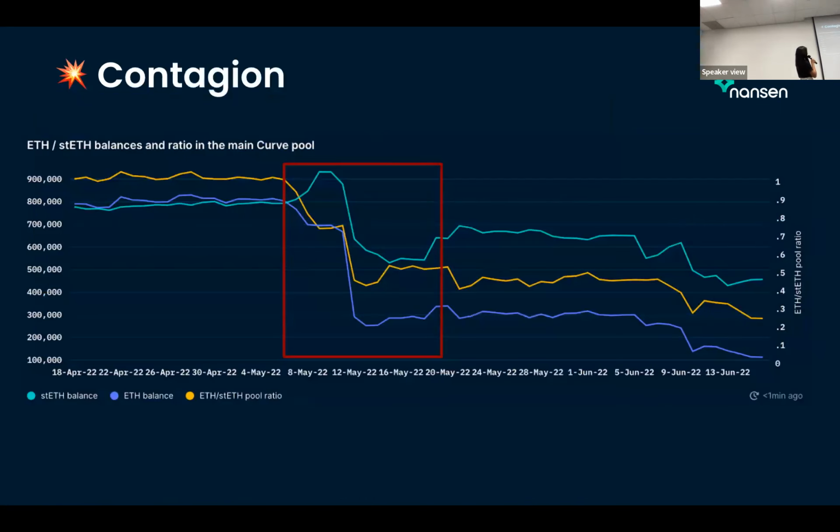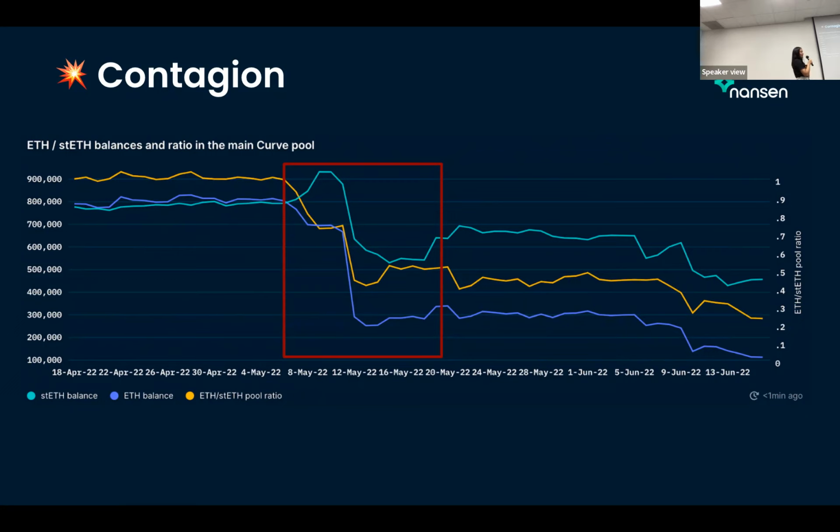contagion. For stETH, in June when 3AC collapsed, stETH was one of the main losses that they had. But the imbalance in the Curve pool actually started with the UST depeg, because a lot of people wrapped their stETH and sent it to Terra and put it in Anchor.